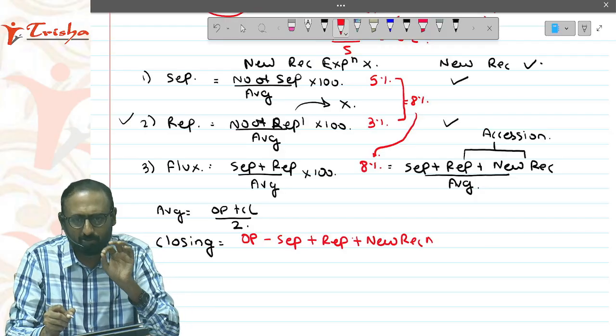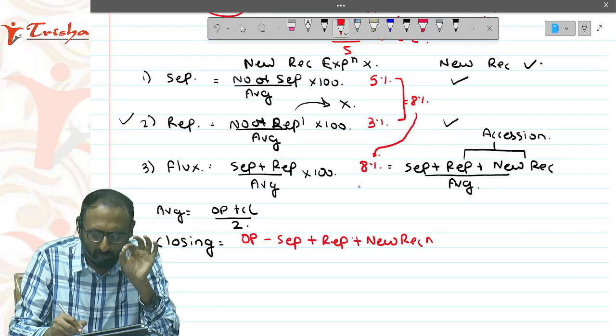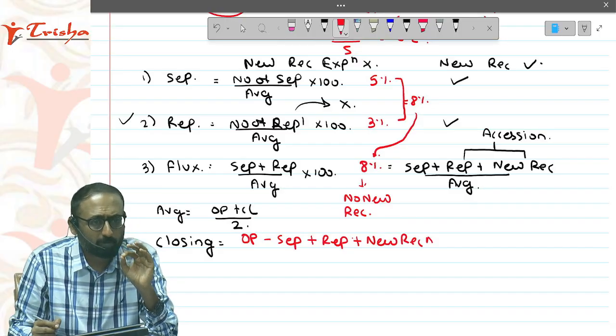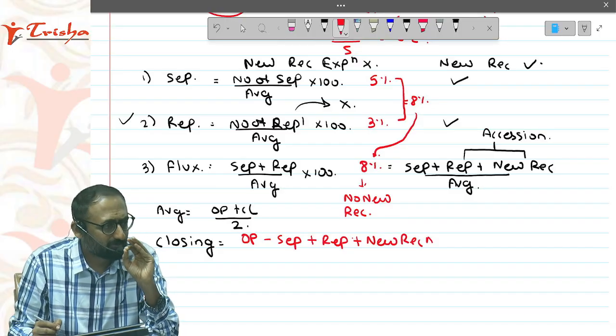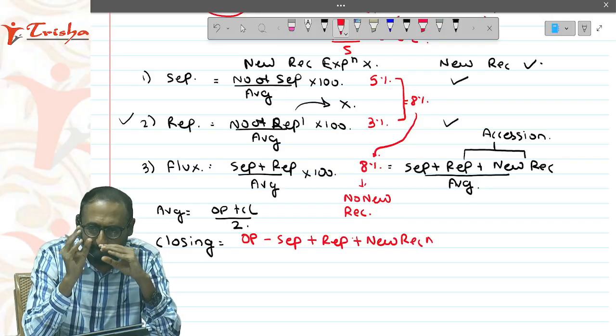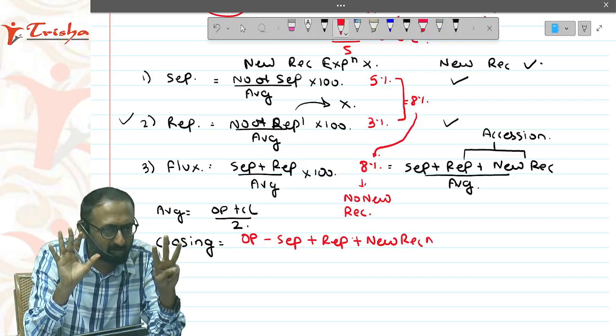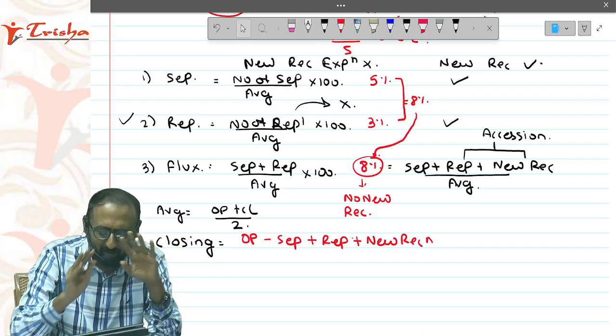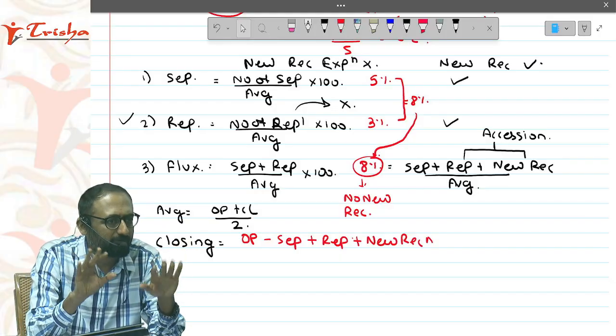Then if this situation is given, there is no new recruitment for expansion. If 8 is equal to 8, then there is no new recruitment for expansion.